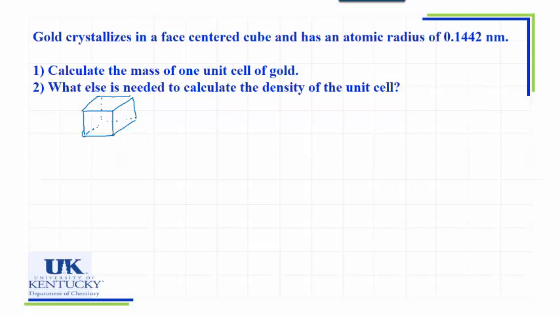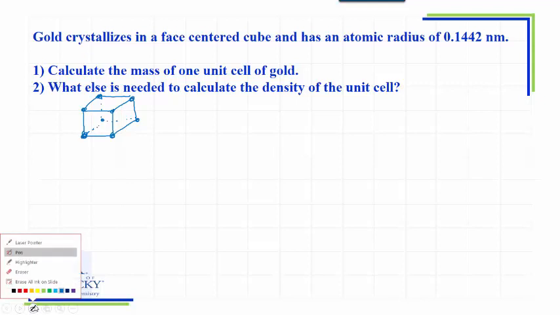Okay, we know that there will be an atom at each corner. So that's 4, 5, 6, 7, and one in this back corner, 8 there. And then it is face-centered so that there will also be one on each face. Now each face is the same atom of gold, but I'm going to change the color just so that we can see the difference between the face ones.